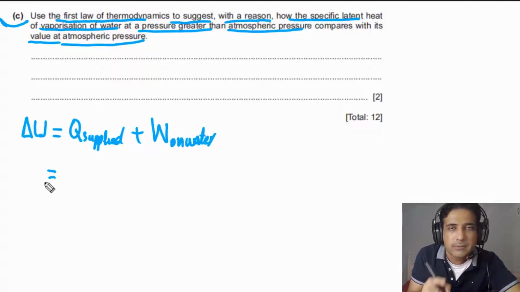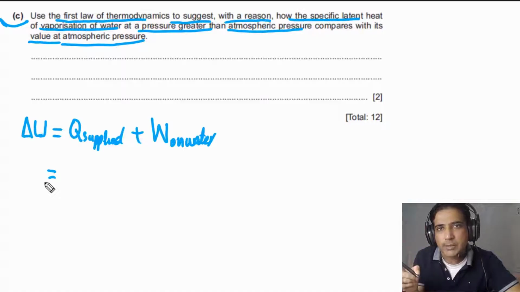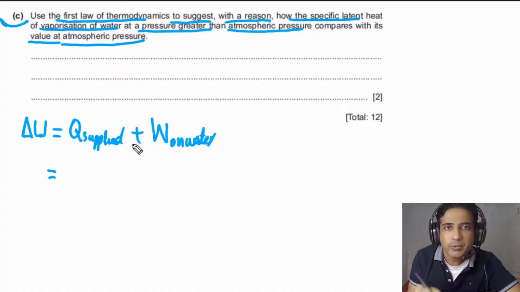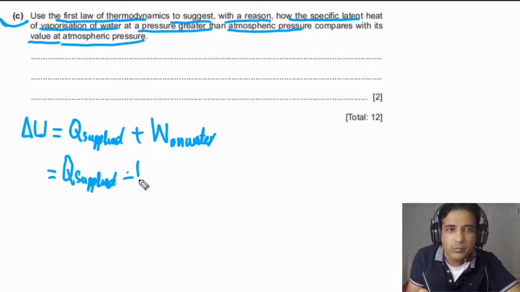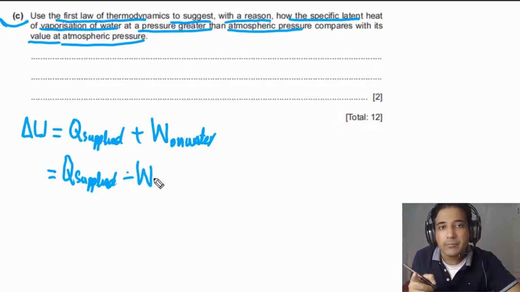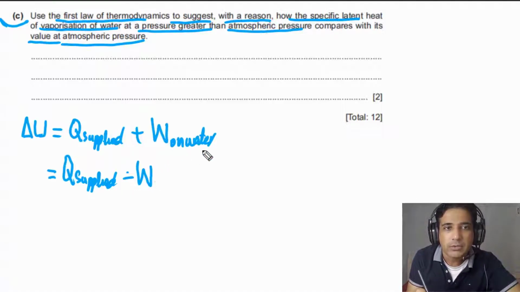But in this case, when liquid changes into water vapor, volume is increasing. So work is done by water vapor. So we can rewrite this. We can write down Q supplied minus work done by water, because in this case work is done by water. So work done on water is negative.